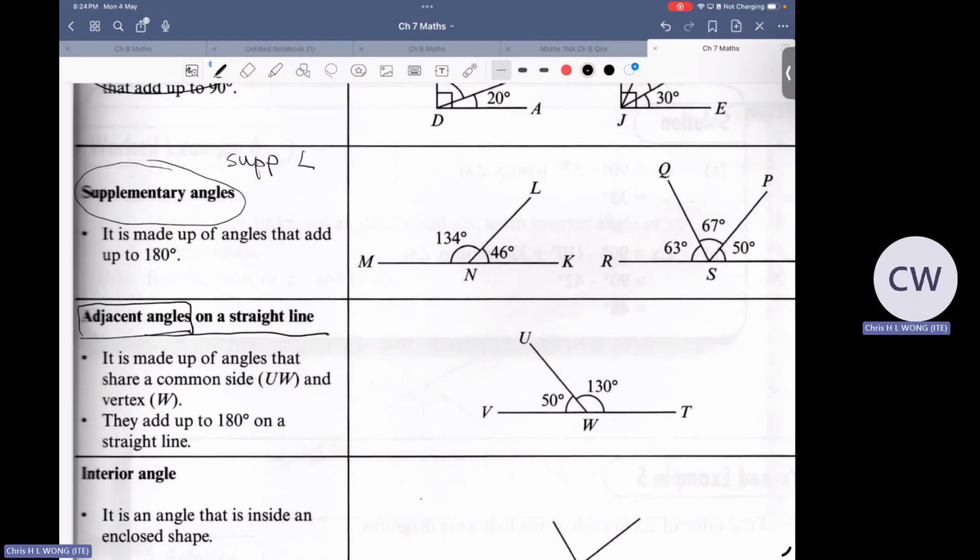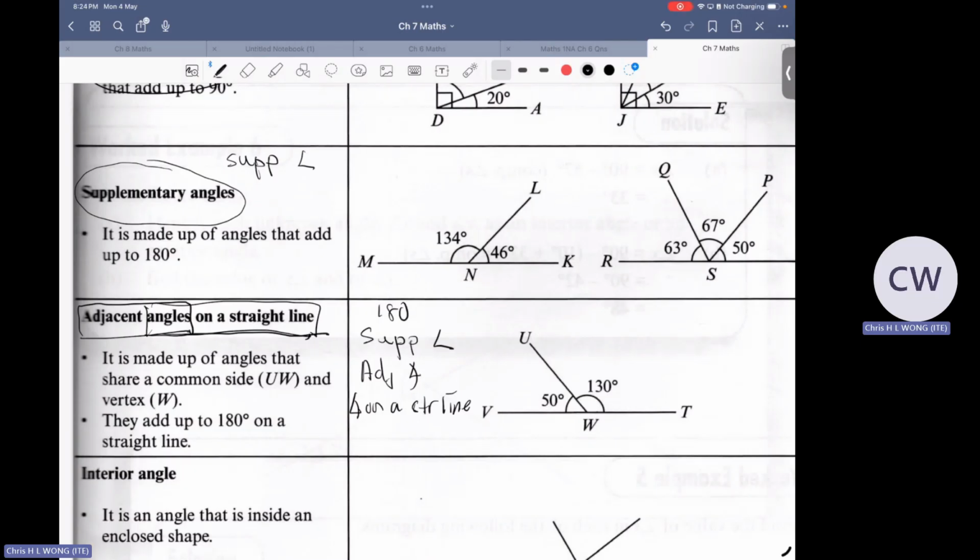Adjacent angle means straight line. So the moment you use 180, there are three reasons you can use: supplementary angle, adjacent angle, or angle on a straight line. Use either one.